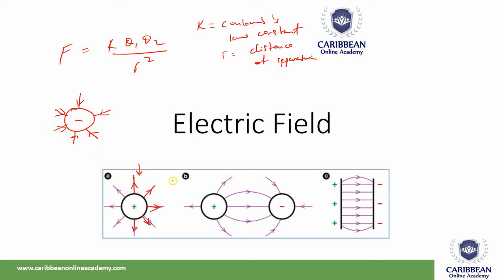What if we bring both positive and negative charge together? Then this is the interaction that we have. We have field lines going from the positive towards the negative. That's how it looks.